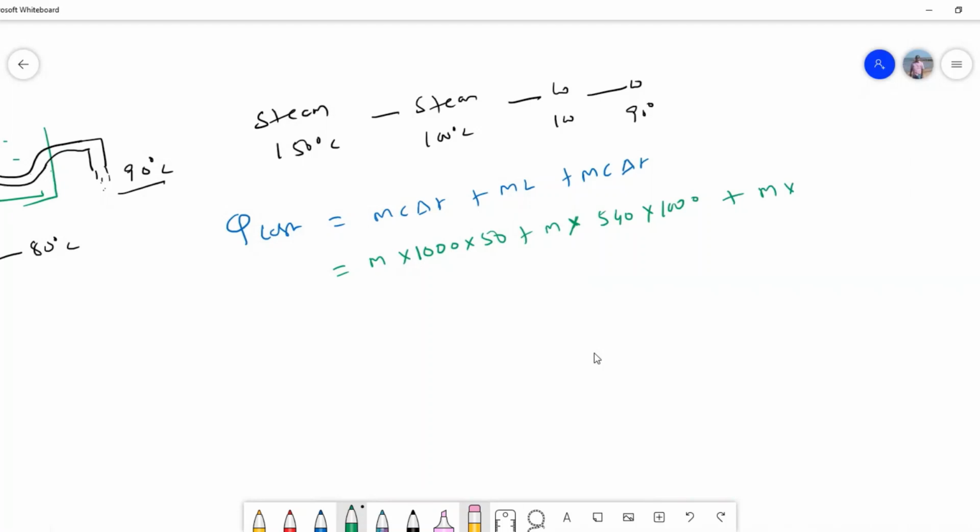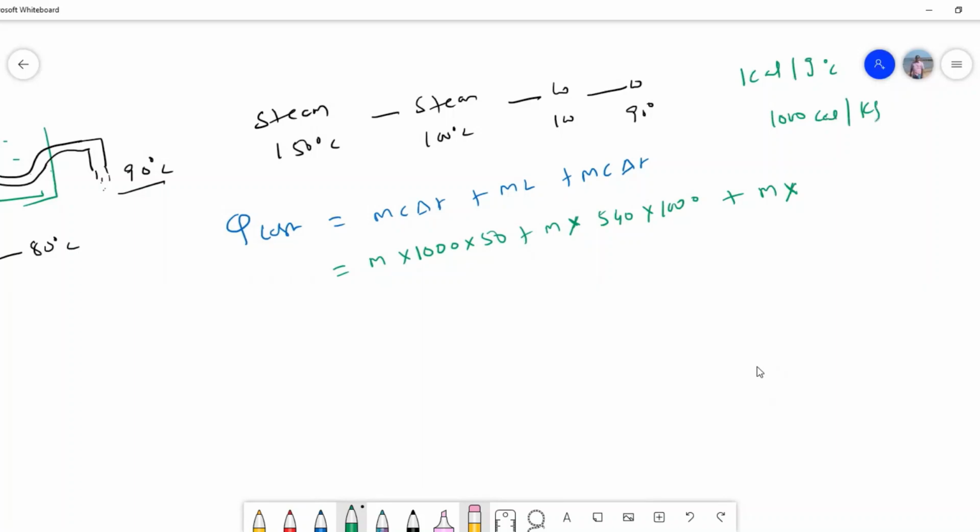Now it becomes water. The specific heat of water is 1 calorie per gram degree centigrade, or 1000 calorie per kg.